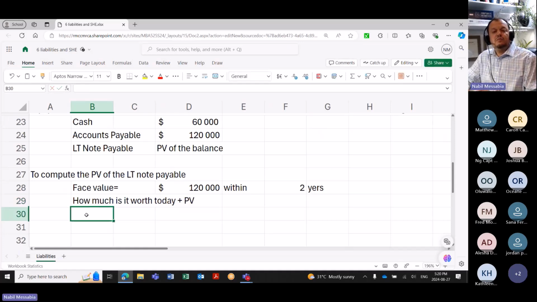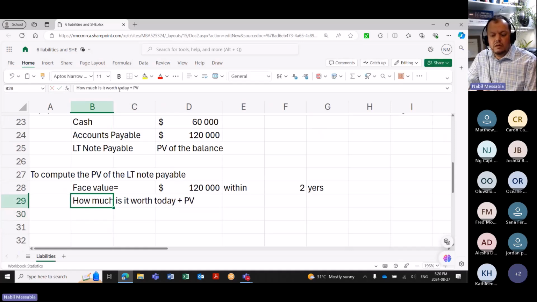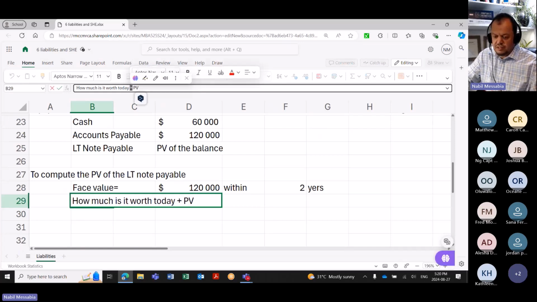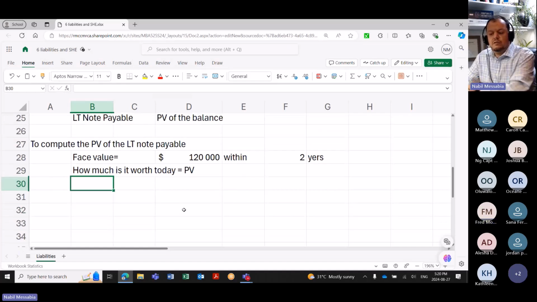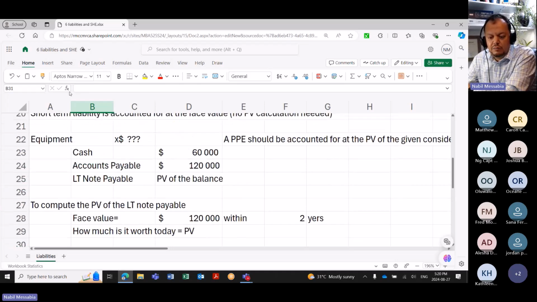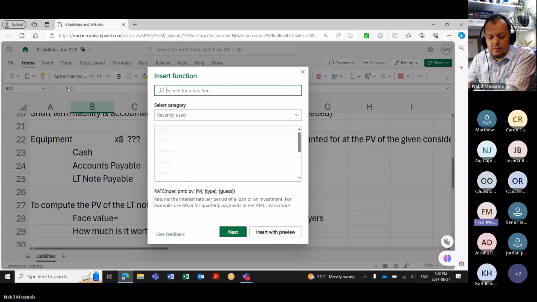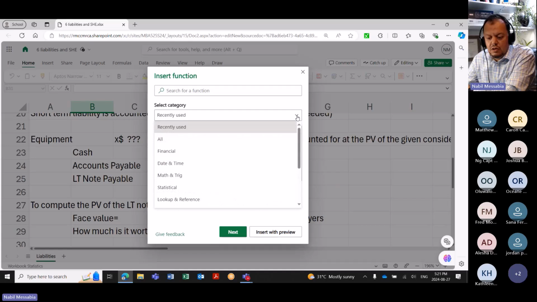And for this, we simply use the present value formula, which is available on Excel. Just familiarize yourself with how to use it. I go to formula, and then I can either search it or go to the financial calculation. You can also calculate it with your financial calculator if you have one.